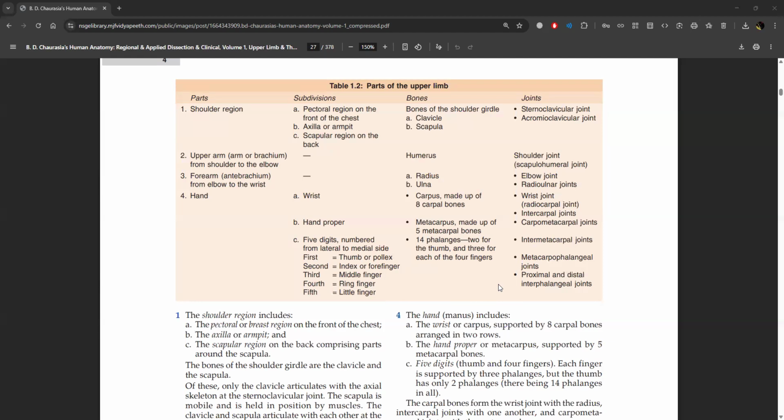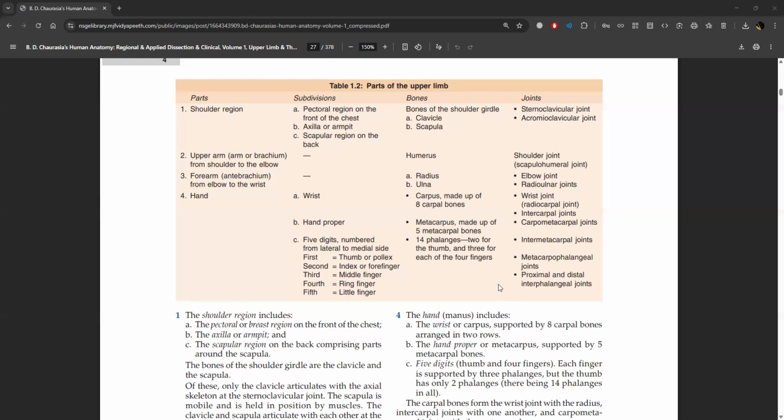Joints: sternoclavicular joint, acromioclavicular joint. Upper arm, arm or brachium from shoulder to the elbow: humerus; shoulder joint, scapulohumeral joint. Forearm, antebrachium from elbow to the wrist: radius, ulna; elbow joint, radio-ulnar joints.